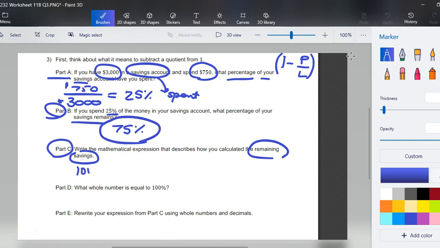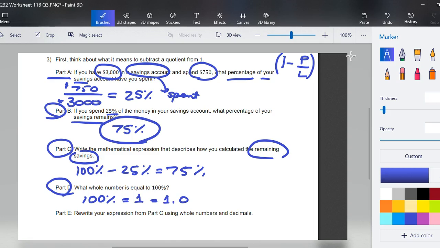Well, my whole account has 100% of the money. I spent 25% of the money, and I'm down to 75% of the money. What whole number equals 100%? Well, 1, or 1.0 or whatever, but 1.